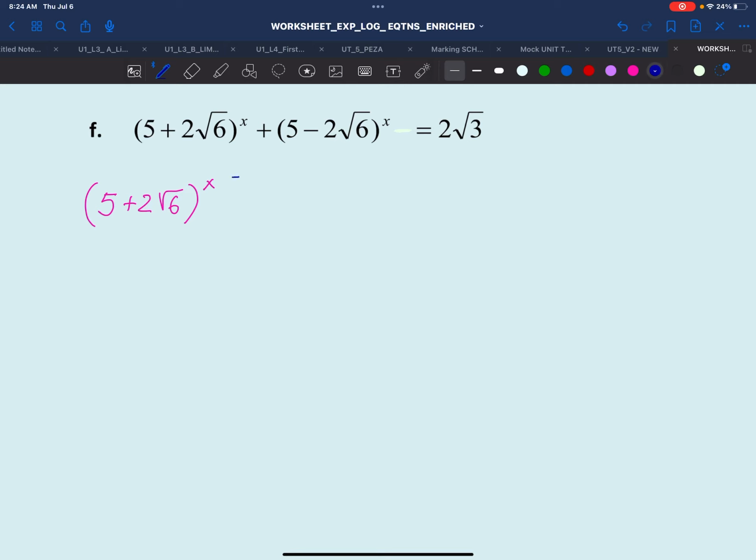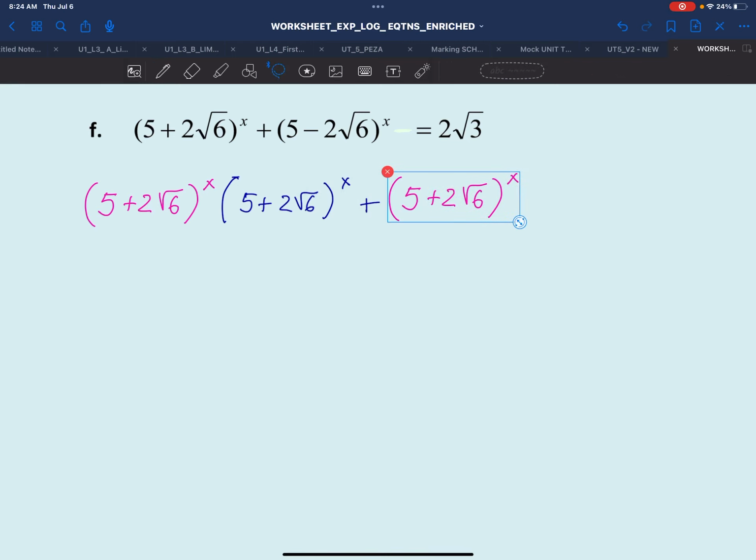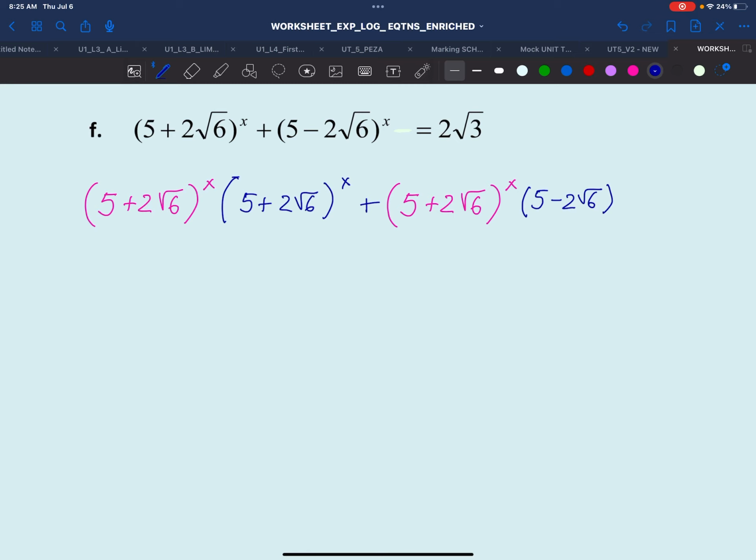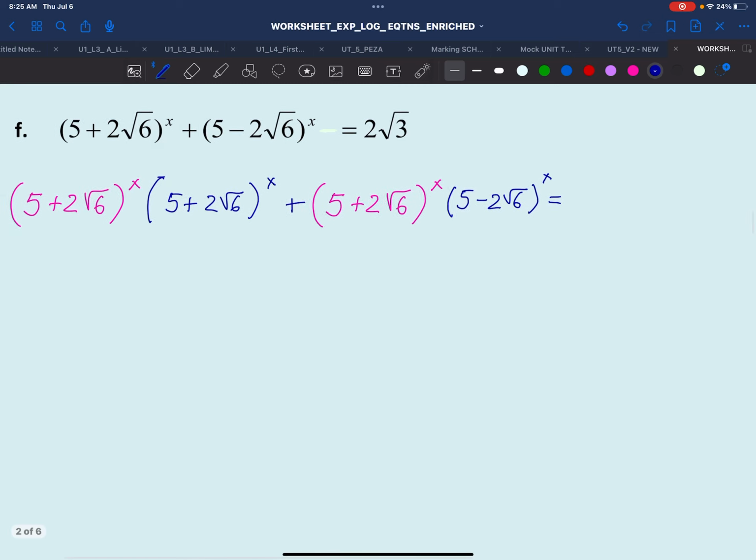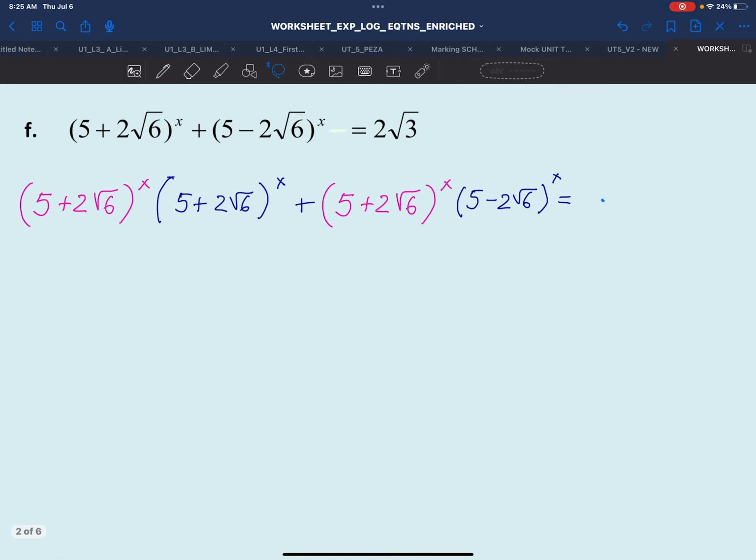This will multiply (5 + 2√6)^x, and then plus, let's copy again and paste, (5 + 2√6)^x will multiply (5 − 2√6)^x equals, one more time, (5 + 2√6)^x multiplying 2√3.